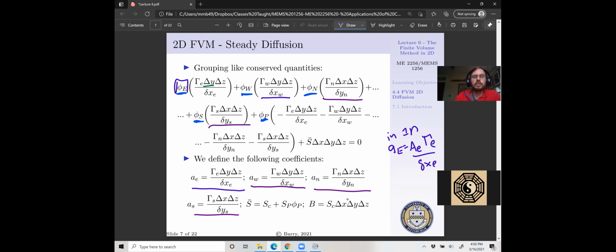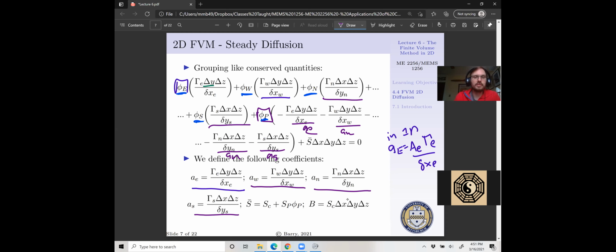Now, what's cool about this is phi p, previously in a 1D case, phi p was going to be dependent upon A east and A west, where we said AP was simply equal to A east plus A west. Now, in this particular situation, we see we have A east, A west, A north, and A south included. So we can modify what we define as AP.